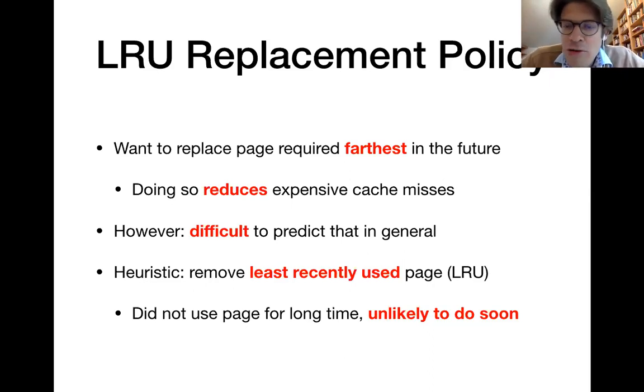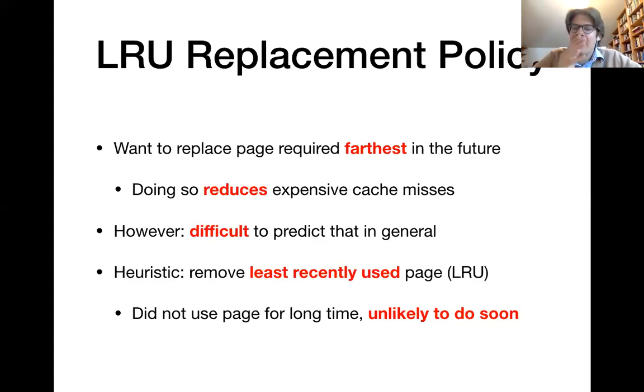So we typically use heuristics, for instance, by saying, if I haven't accessed one page that is currently in my buffer pool for a long time, then I am unlikely to do so again anytime soon.